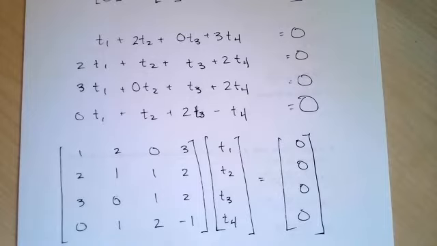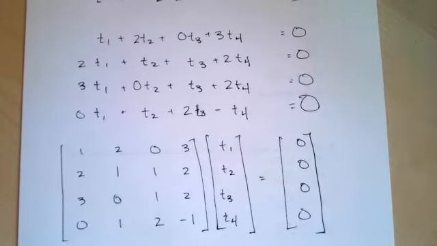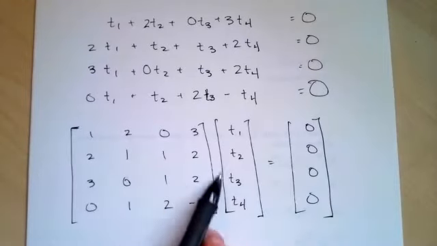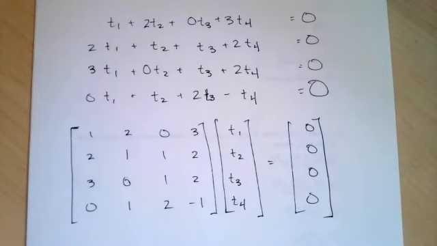So check that. What's going to happen if we perform this matrix multiplication for this matrix acting on this vector of variables that we've created?